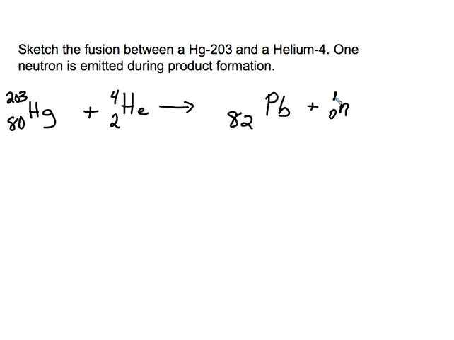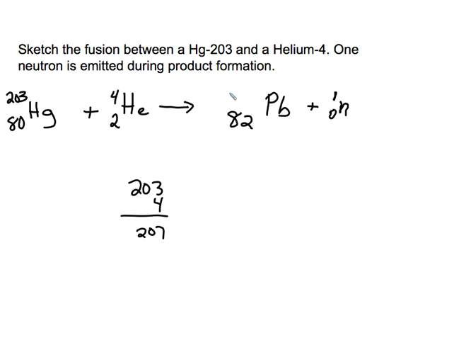Okay, and so now this 203 plus 4, okay, so we got 203 plus 4 is going to be 207. So we have to follow the law of conservation of mass, which means if we have 207 on the left side of the arrow, we have to have a mass of 207 on the right side. But this neutron right here is taking one of the mass numbers, because a neutron has a mass number of 1.